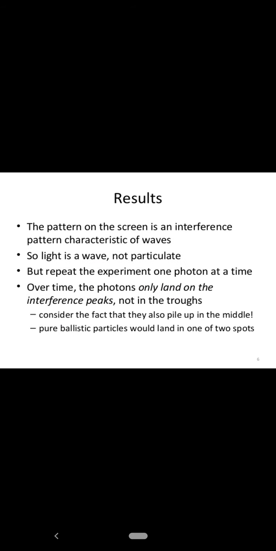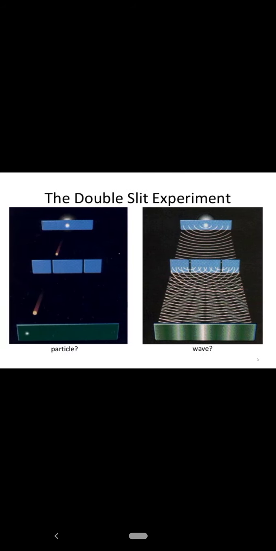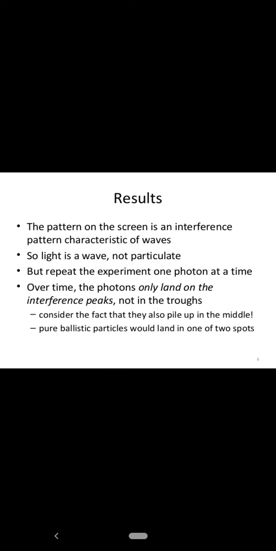The pattern obtained on the screen is an interference pattern characteristic of waves. So light is a wave, not a particle. When this experiment was performed in real life, this pattern was obtained, which suggested that light is a wave. But repeat the experiment one photon at a time. Over time, the photons only land on interference peaks, not in the troughs.